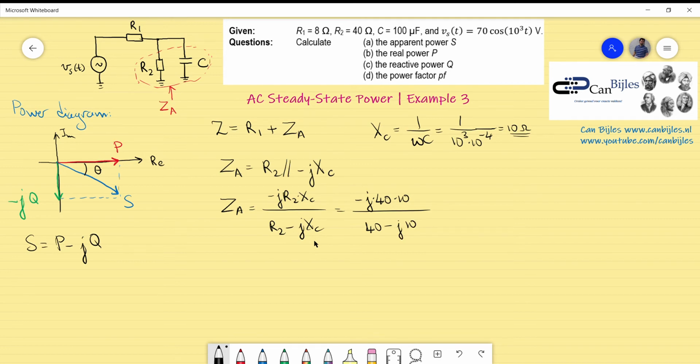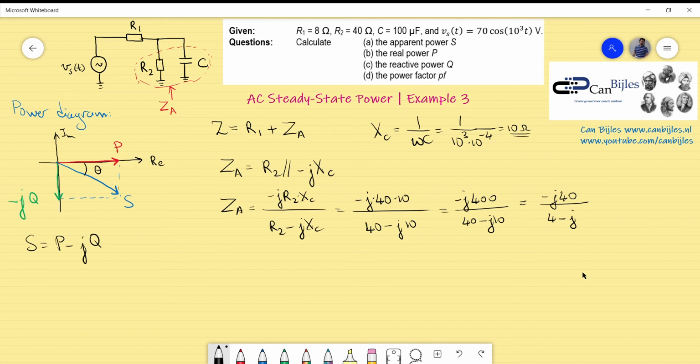Now if I rewrite this, we have minus j400 divided by 40 minus j10. Now divide everything by 10, which will reduce to minus j40 divided by 4 minus j.